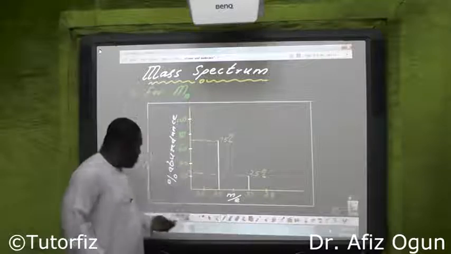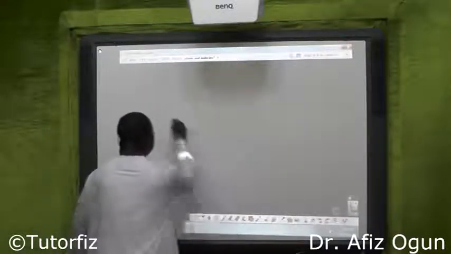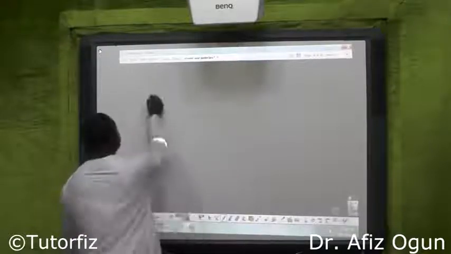So from here you know how we calculate the average atomic mass, as we have done before.